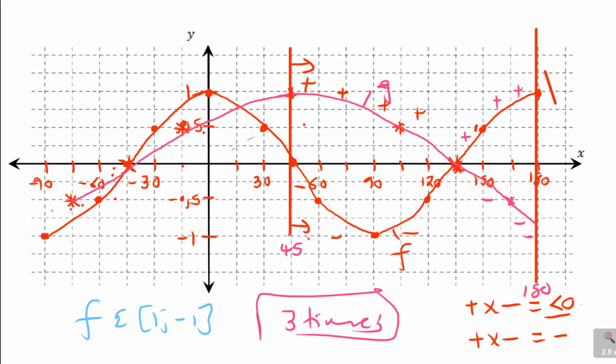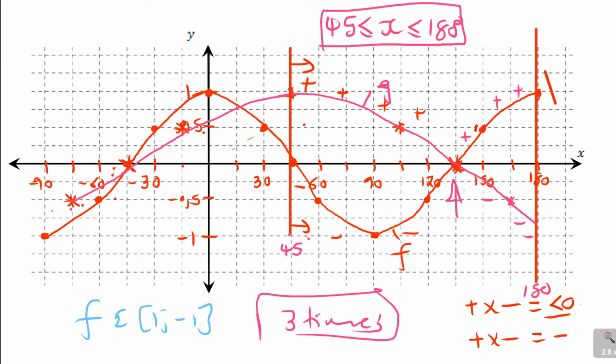So how do you write that answer? You say 45 is less than or equal to x, x is less than or equal to 180 degrees. These are the values of x. It was tempting to say it will end here, but it's not ending there on 135 because there are still the other parts there.